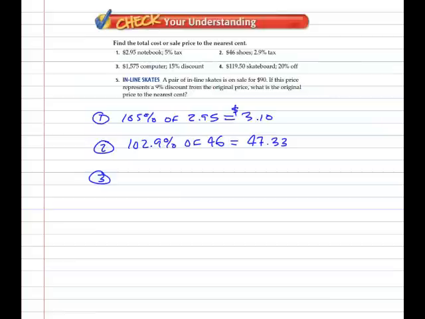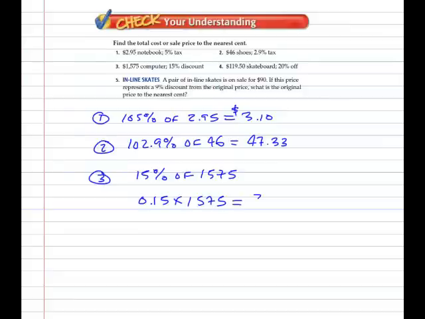Example number 3. $1,575 computer with a 15% discount. So I'm going to find 15%. Let me go back to the other method now. Of 1575. That means 0.15 times 1575.